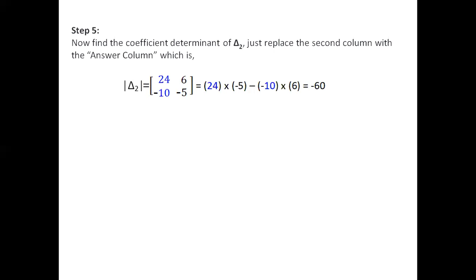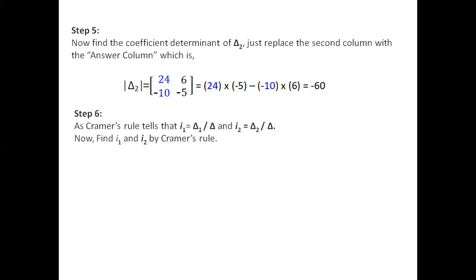Now we got delta 1, delta 2, and also the total determinant delta. Then we need to find the values of currents I1 and I2 by using Cramer's rule. I1 is equal to delta 1 by delta, and I2 is equal to delta 2 by delta.